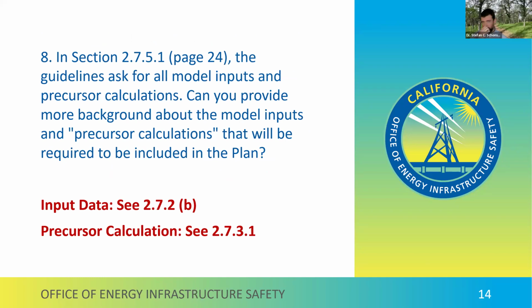So in section 275.1, the guidelines ask for all model inputs and precursor calculations. Can we provide more background about this? So there are 2 explicit references that I'd like to point out in the guidelines to begin with for input data. 272B: input data is data that is fed into a calibrated model and would include a description of the data collection when applicable.